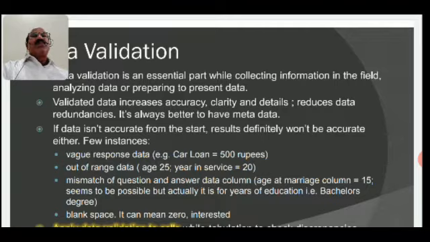Then there is mismatch of question and answer in data columns. Suppose the column is age at marriage, and you have put 15. It seems possible, because 15, 16, 18, whether below or above legal age, marriage may have taken place. But actually that value is for years of education.